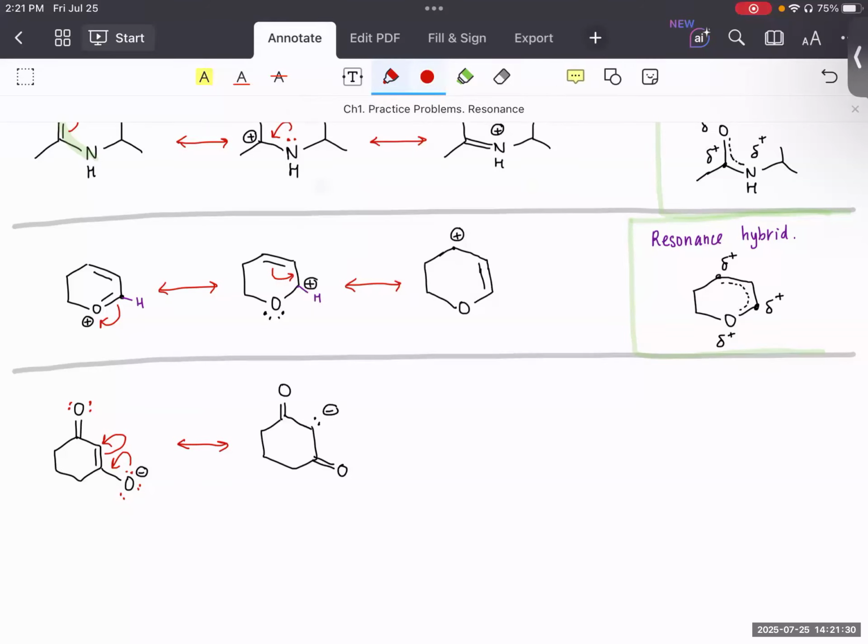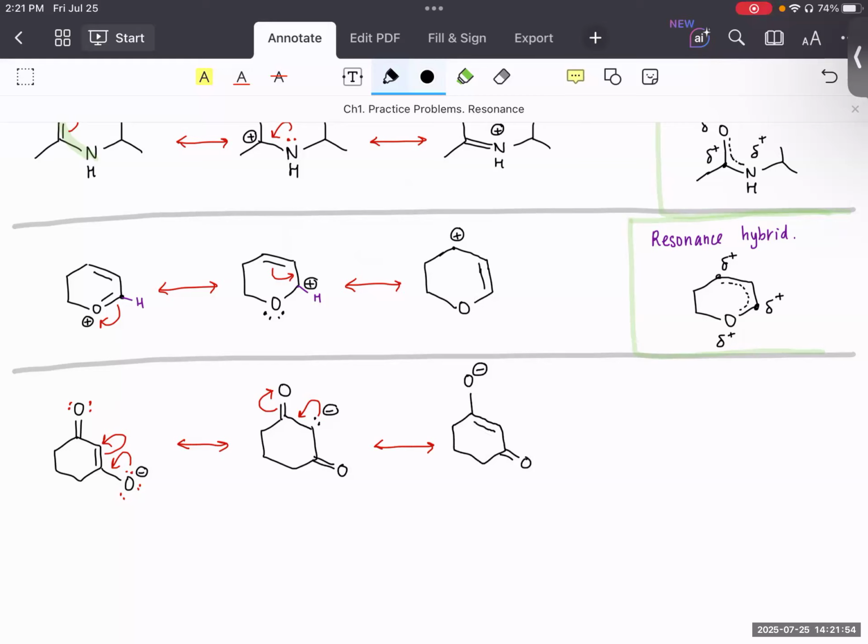All right, and then from here, we can show the movement of those electrons coming down and then bumping up those electrons to the oxygen. And then our final structure would end up looking pretty similar to the one that we started with, except that the charge is now on the top oxygen instead of the bottom one.